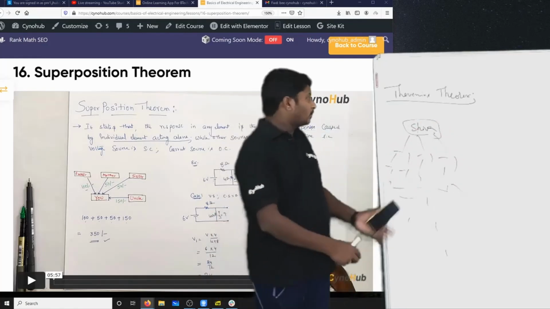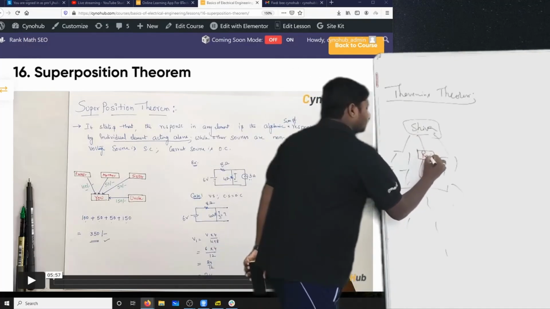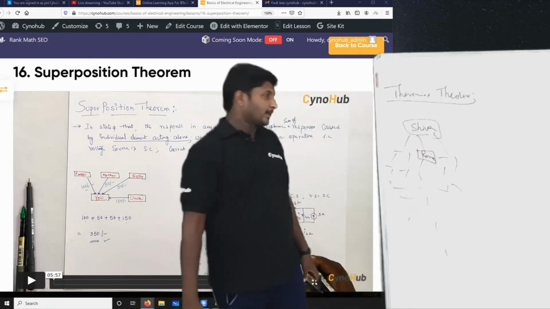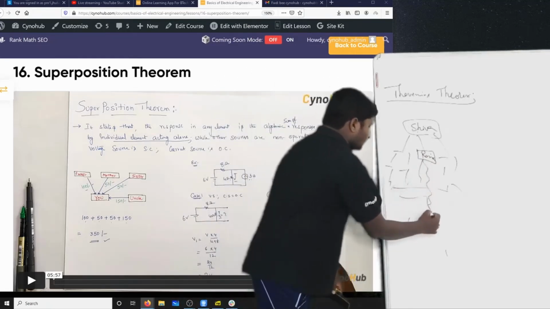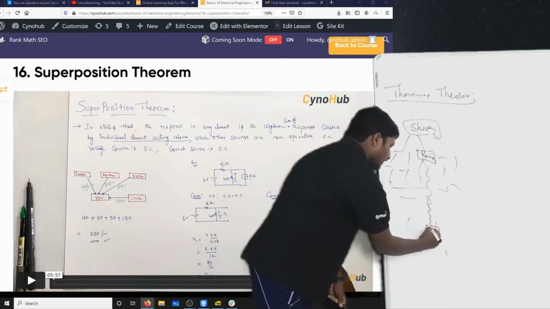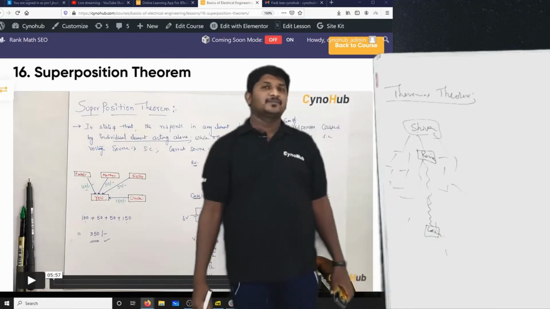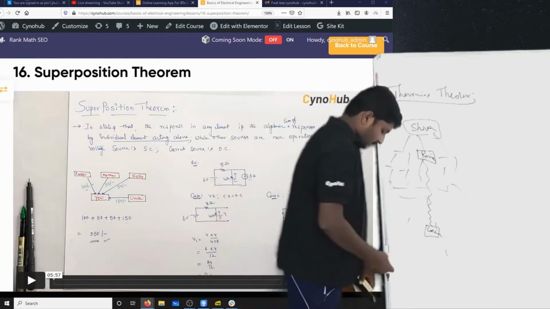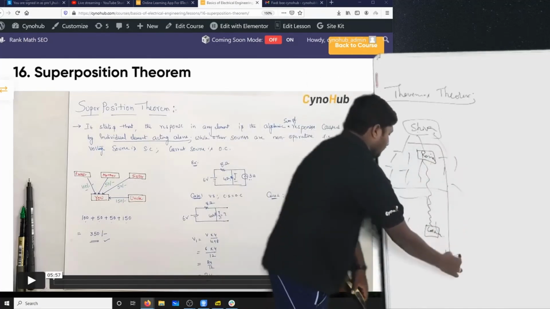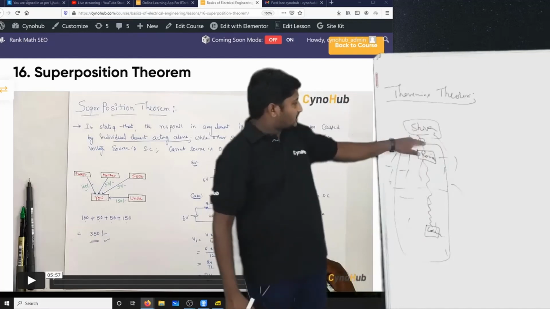Now, Shiva's son is Rama, and from Rama, some Lakshman is there. Now, come to here. After Shiva, what is the statement?